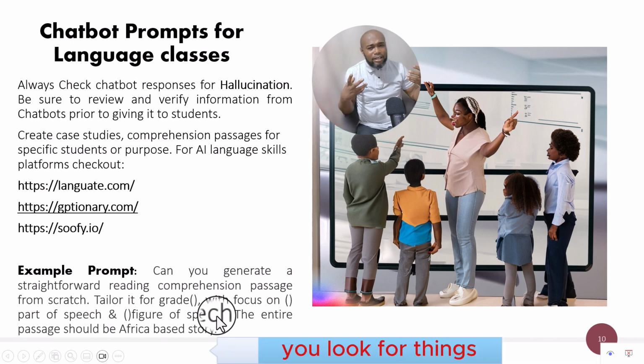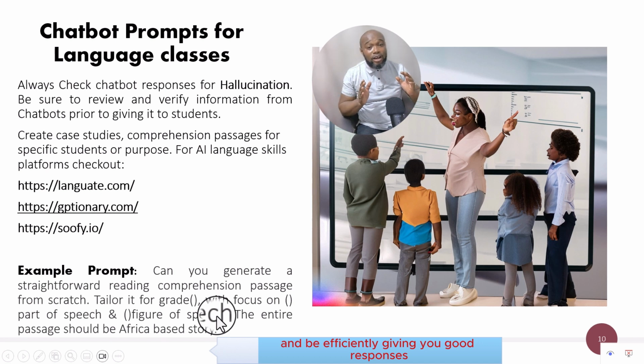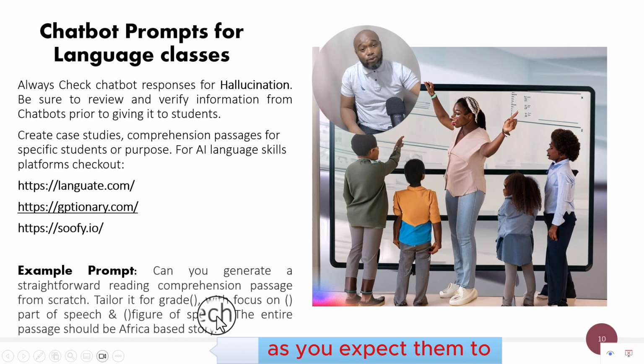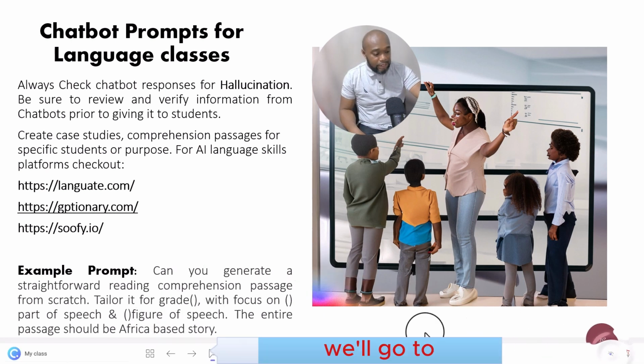So you look for things that are peculiar to the environment and you prompt and get results, so that when your students read the information, they're able to relate and give you good responses as you expect them to.